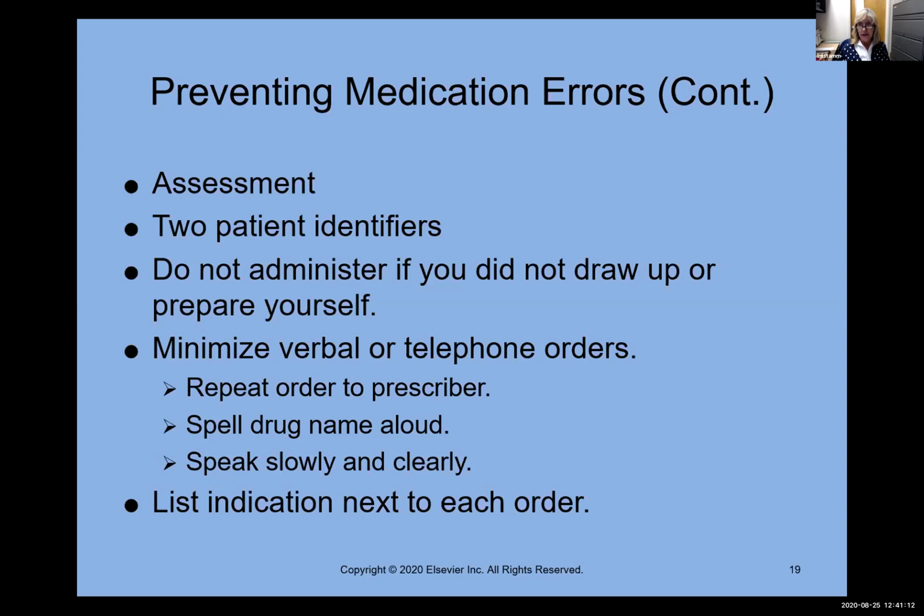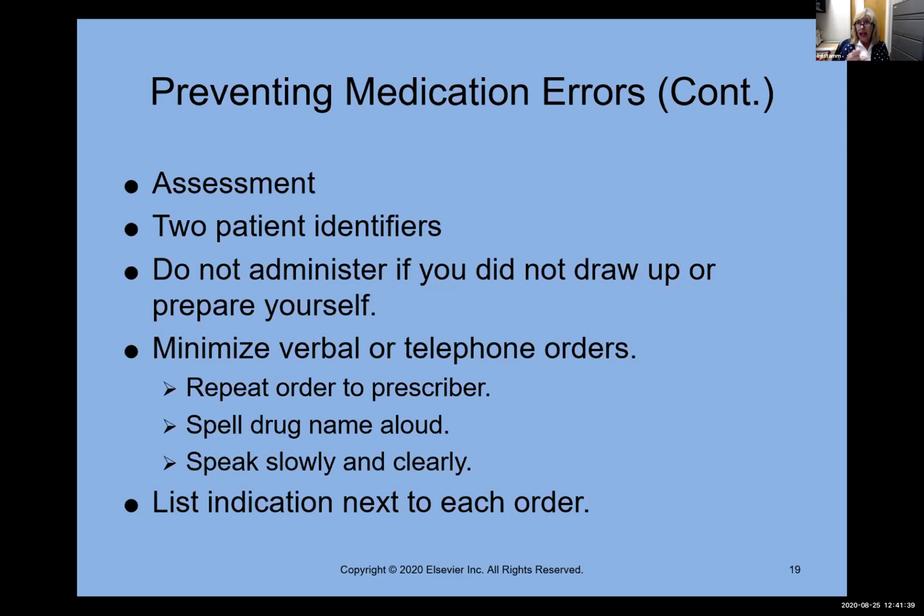You need 2 patient identifiers before you give any medication, even if it's just ibuprofen, acetaminophen, or aspirin. You have to follow the policy, and all policies say that you have to identify your patient 2 ways. So typically what you're going to do is go to the bedside with your computer on wheels. You're going to look at their armband, and ask them, tell me your name, and read what's on their armband and make sure that it matches, and tell me your date of birth.